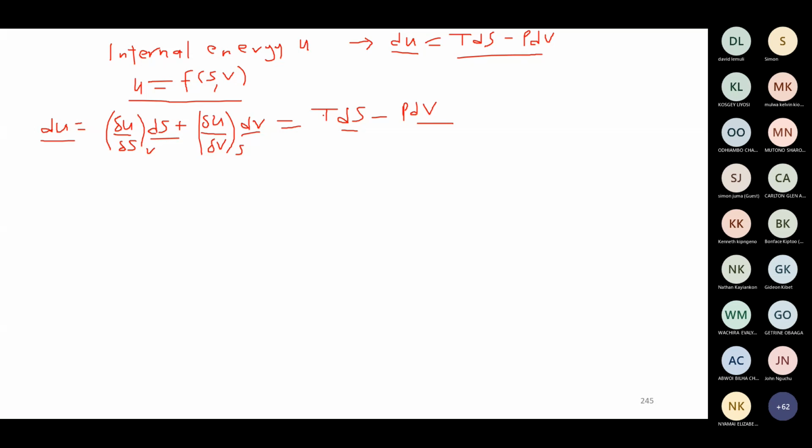Essentially, it's as if we are saying that T is the same as this part of the expression.